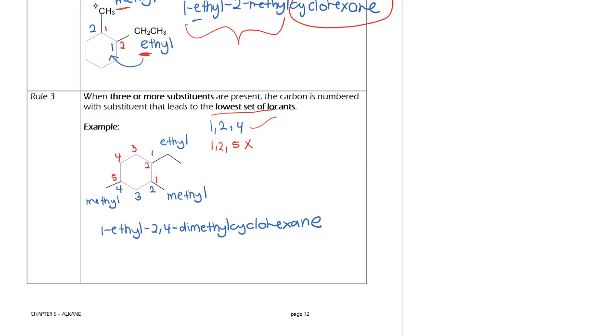So 1, 2, 4 is the lowest one, so 1, 2, 4 is correct. And then you identify your substituents, ethyl, methyl. When you want to write down the name, use alphabetical order, so we write down ethyl first. So 1-ethyl-2,4-dimethyl. The parent is cyclohexane.